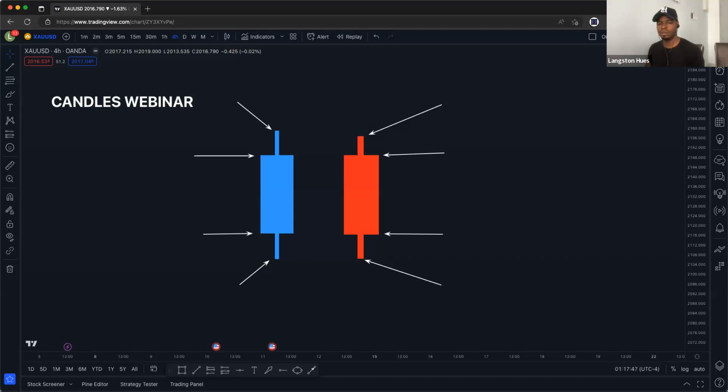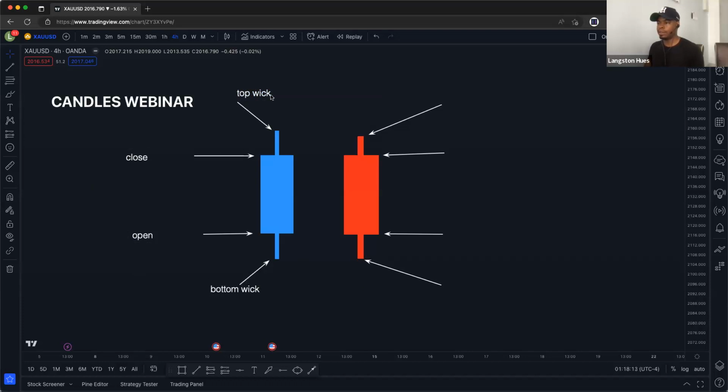Well, this right here is the top wick. And then this right here for bullish is the close. And then also this right here is the open. And then this right here is the bottom wick.